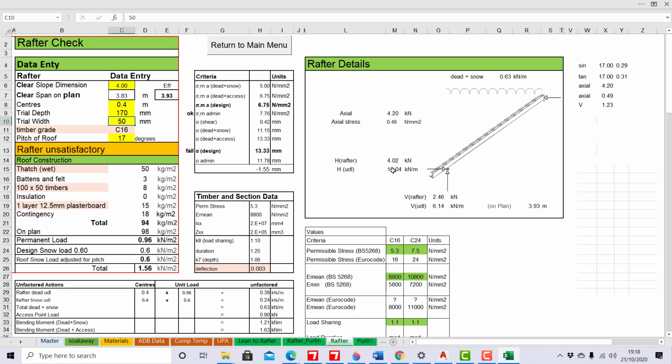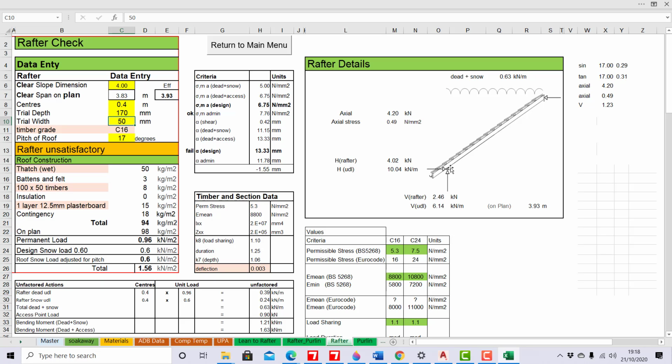And if you've got a ring beam in there, the horizontal UDL that the ring beam will experience is 10 kilonewtons a meter. So it's substantial. Look at the vertical. The vertical's nowhere close. So long rafters that have a low pitch are a problem when it comes to connections.